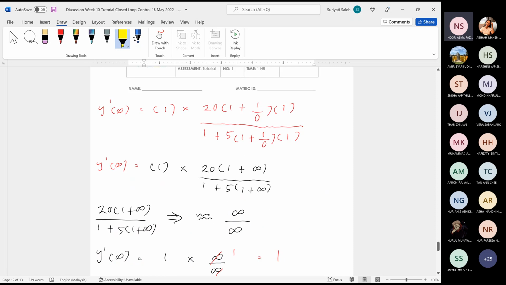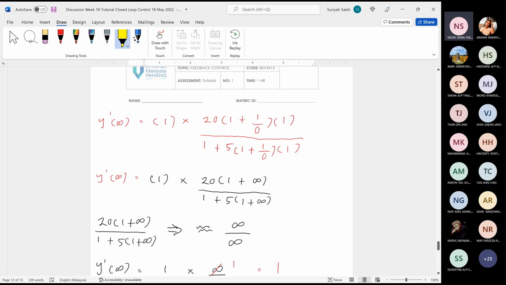Based on this equation, the main reason you get infinity is coming from the 1 divided by 0, which comes from the integral part. This indicates that the integral's ability to eliminate the offset is the main cause why you get 0 offset. So in the real application, if we want to maintain the process at the desired value, we use PI control.